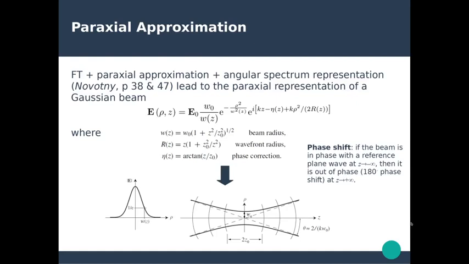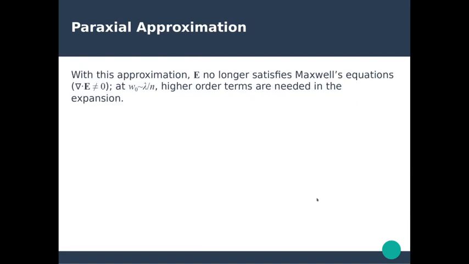So the Gaussian beam is gradually shifting in phase with respect to a plane wave. Within this approximation, the electric field calculated for a Gaussian beam in the paraxial approximation is no longer a solution of Maxwell's equations.